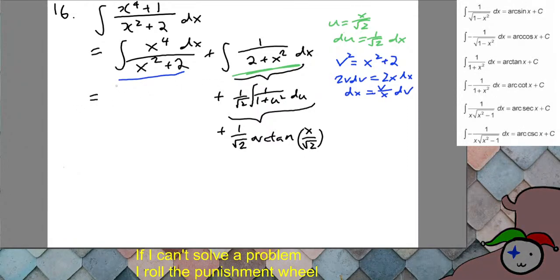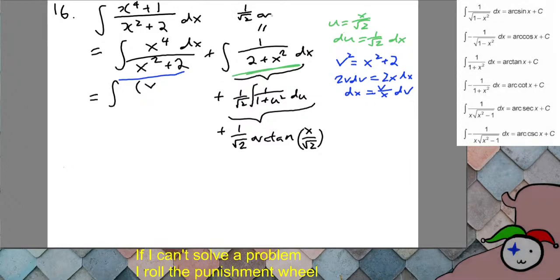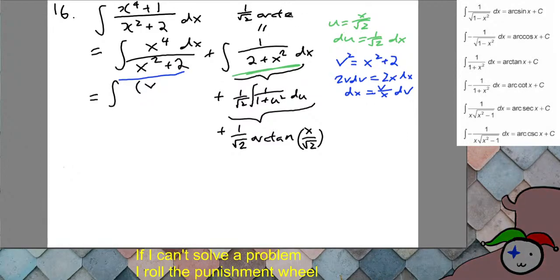So top bit becomes x, oh no, I just realized what I've done. Yeah, I'll write a reminder for myself. This is 1 over root 2 arctan of x over root 2. Then I can delete this so I can write this out properly.